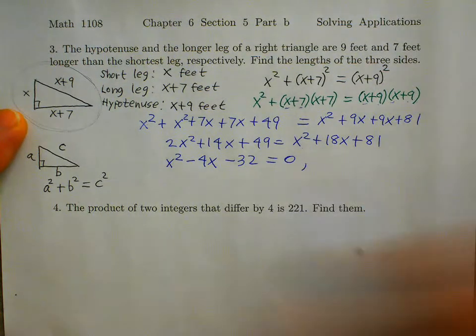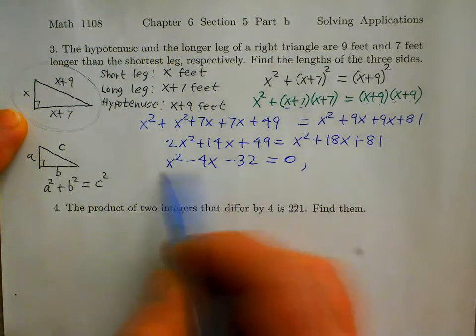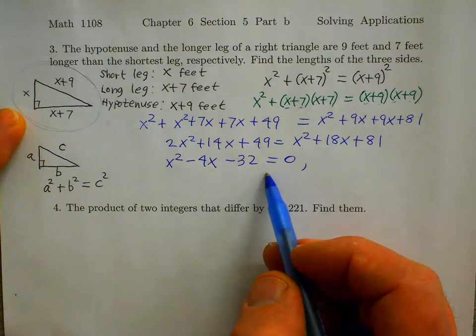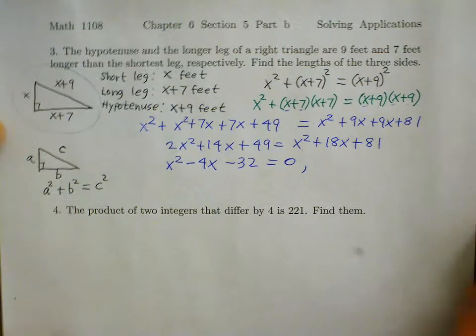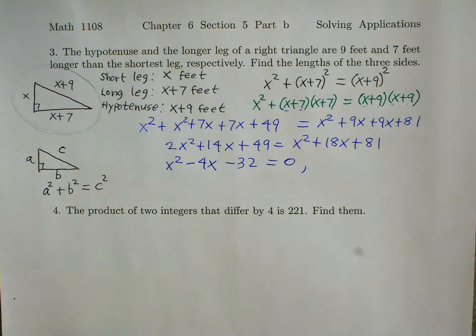Okay, so I can just write down the factors, or I can go through the more lengthy process of using the AC method to factor the left-hand side.